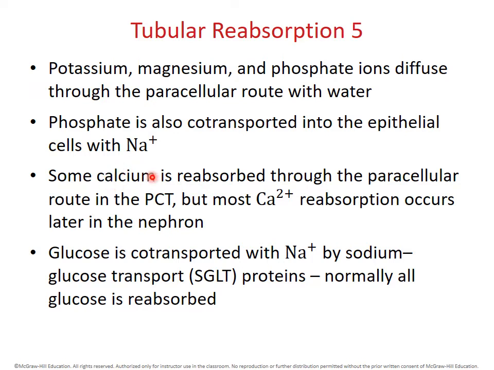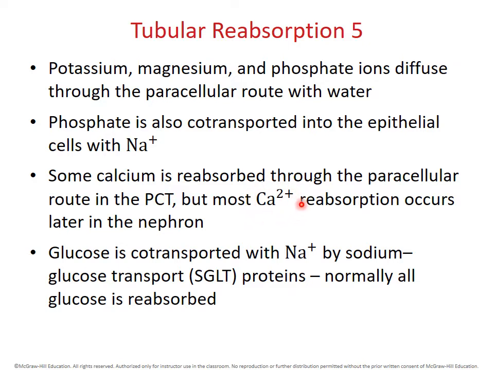Remember, calcium is very important for many body functions, and it is filtered in the glomerulus and must be reabsorbed in order to avoid dramatic calcium loss, which would ultimately lead to osteoporosis. Calcium is reabsorbed through the paracellular route in the proximal convoluted tubule, but only a small percent of calcium is reabsorbed this way.